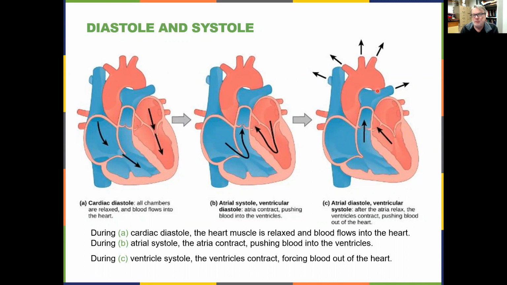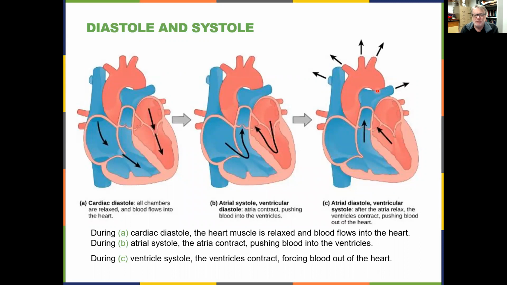The ventricles, once they are filled with blood, then also contract simultaneously, slightly after the atria contract, to generate the larger force that moves blood through the arteries to the pulmonary circuit and the systemic circuit.